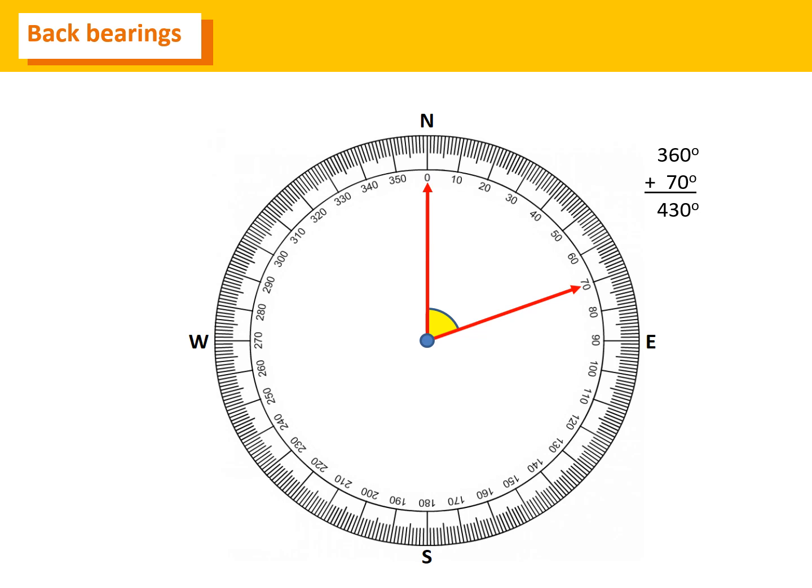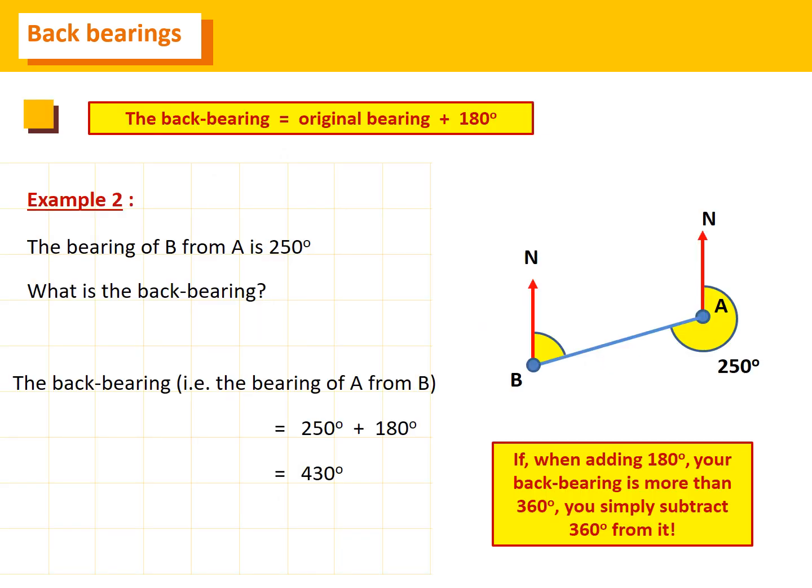And that's the bearing we would use. So if when adding 180 degrees, your back bearing ends up more than 360 degrees, then all you need to do is subtract 360 degrees from it. So 430 subtract 360 gives us a back bearing of 070 degrees.